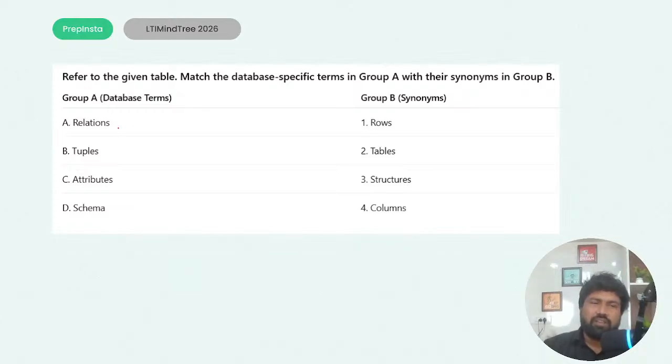Okay, here they have given a table based on database terms and synonyms. In coding terminology also they give synonyms. So tell me, relations refer to what? I want the answer from you only, guys. I won't tell. I am looking into the chart as well.